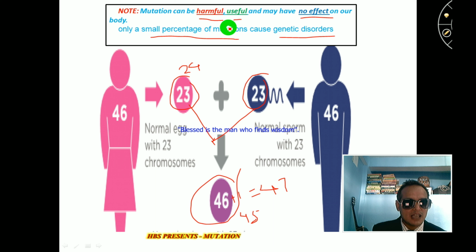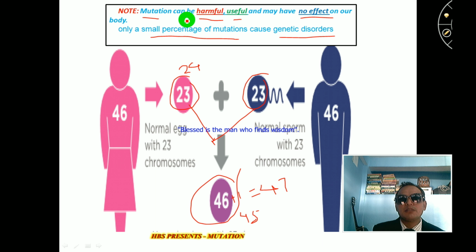like sickle cell anemia. A person who is suffering from sickle cell anemia doesn't suffer from malaria. People living in the equatorial region have more chances of suffering from malaria. But if he or she has sickle cell anemia, which is a kind of mutation, he doesn't suffer from malaria, meaning he can overcome the malaria disease.